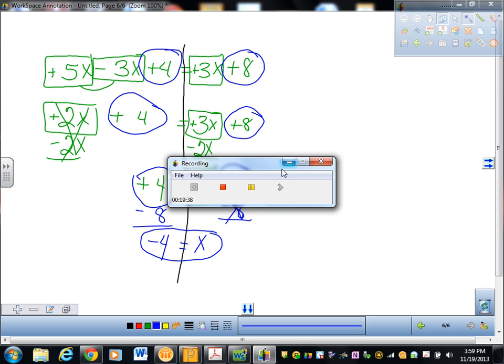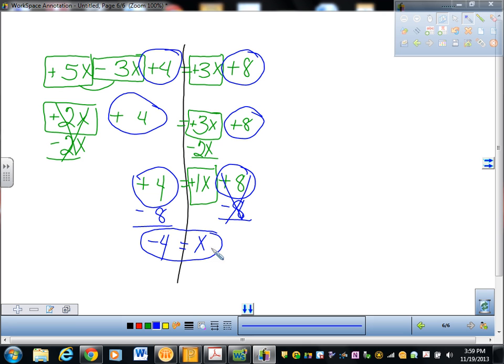Okay, sorry about that. So we have that negative 4x, and then I can go ahead and check. So my original problem was 5x, and x is negative 4, minus 3x, and x is negative 4, plus 4 equals 3x, and x is negative 4, plus 8.